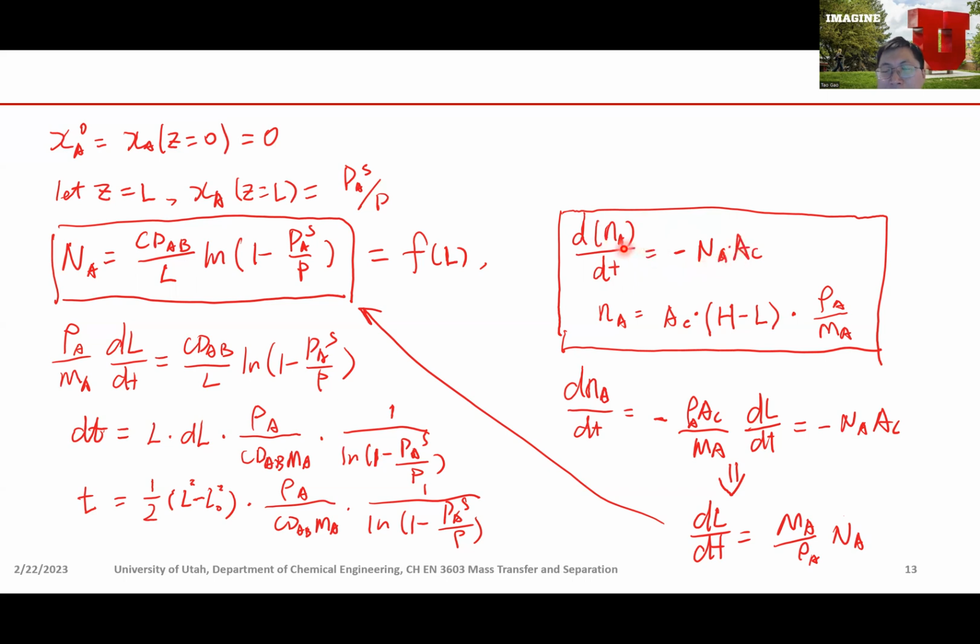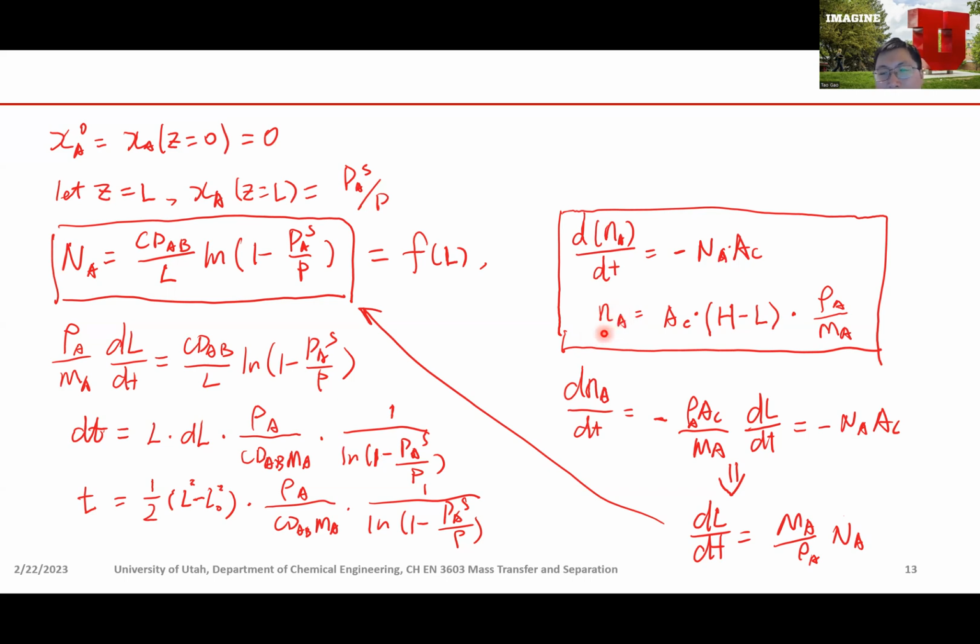So N_A here, again, is the number of moles of water in the liquid phase. N_A is the flux of water vapor leaving the water-air interface. A_C is the cross-sectional area of the cup or beaker. Now, the number of moles is dependent on the volume of the liquid phase. We can write down that equation.